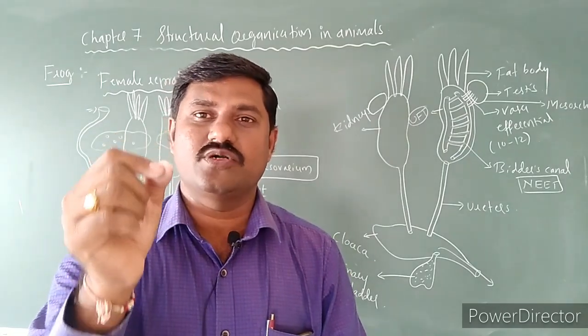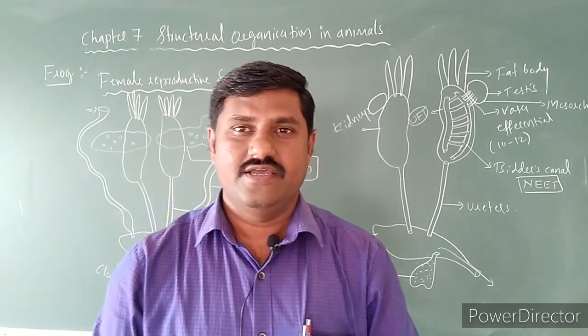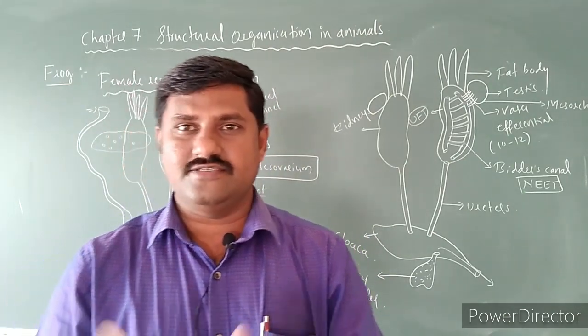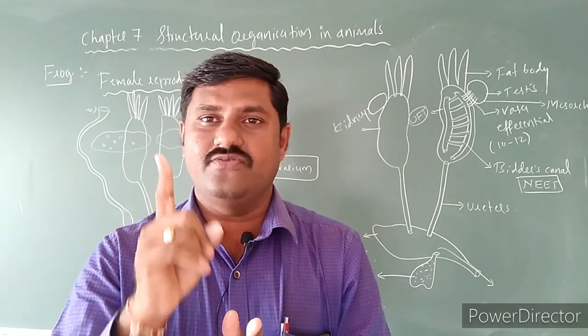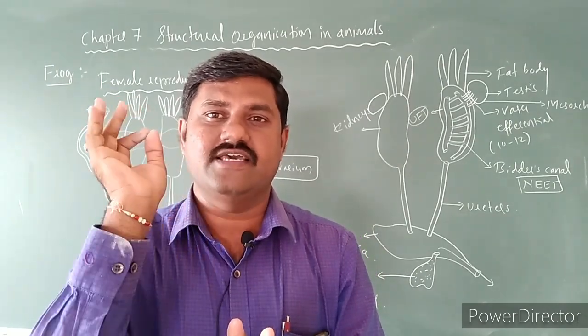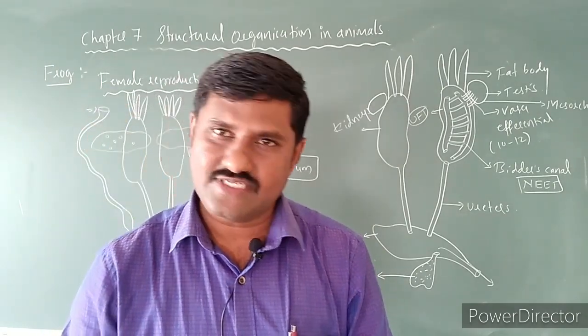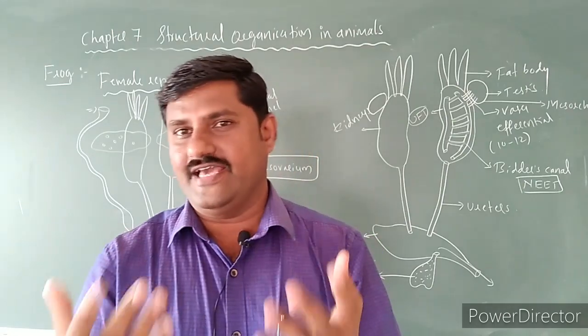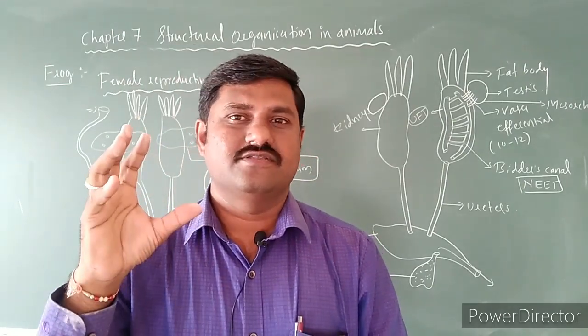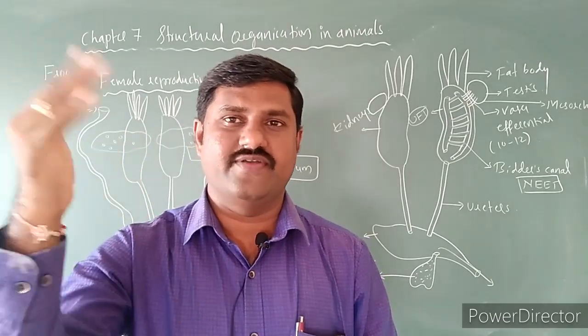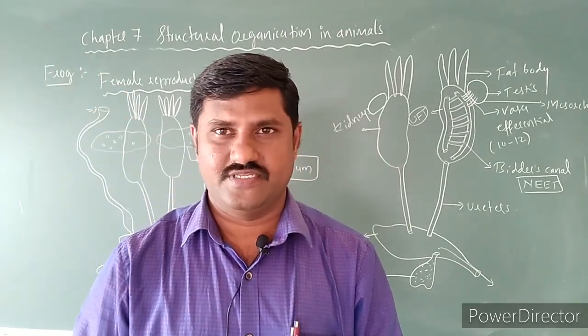It is called chemotaxis, right? As a result of chemotaxis, both of them come in contact with each other, and any one of the sperms fertilizes the egg. Okay, and after the fertilization, the egg becomes a zygote. Zygote develops into a new entity, right?